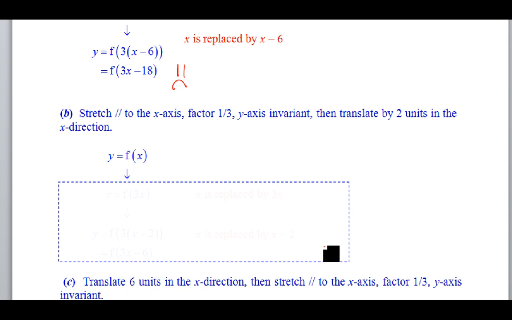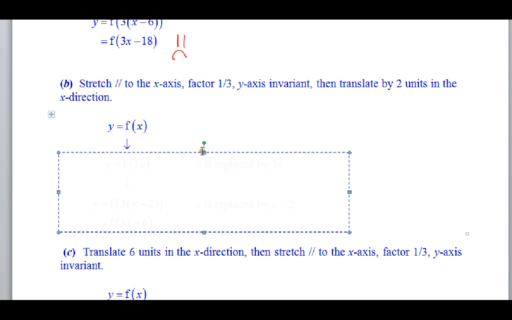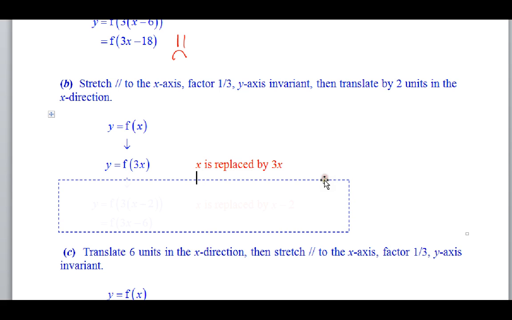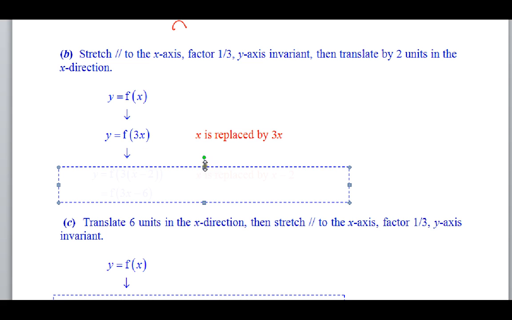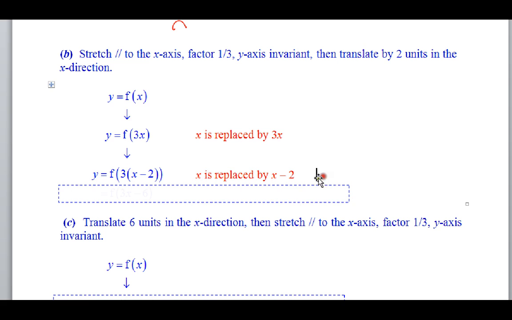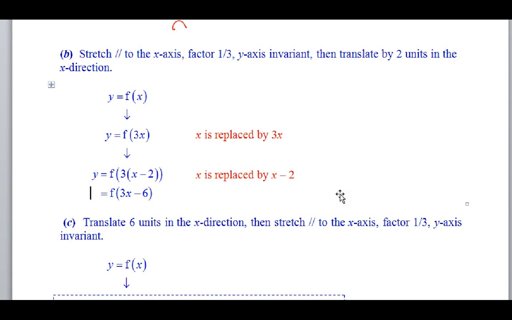Must be very careful. Then obviously this is a smiley face, yes.